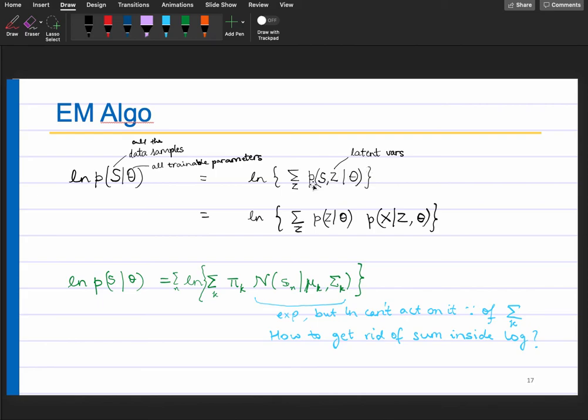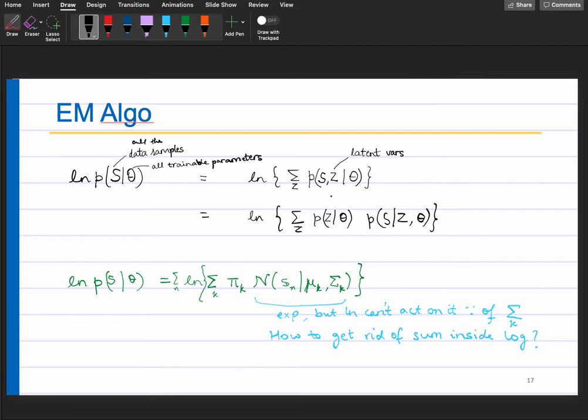Now, there is a problem. What is the problem? The problem is this summation inside a log. If you have multiplication inside the log, as you have seen before, it solves very nicely. So I'll go further. You split this in terms of the conditional probability of z given theta into probability of s given z comma theta, right?